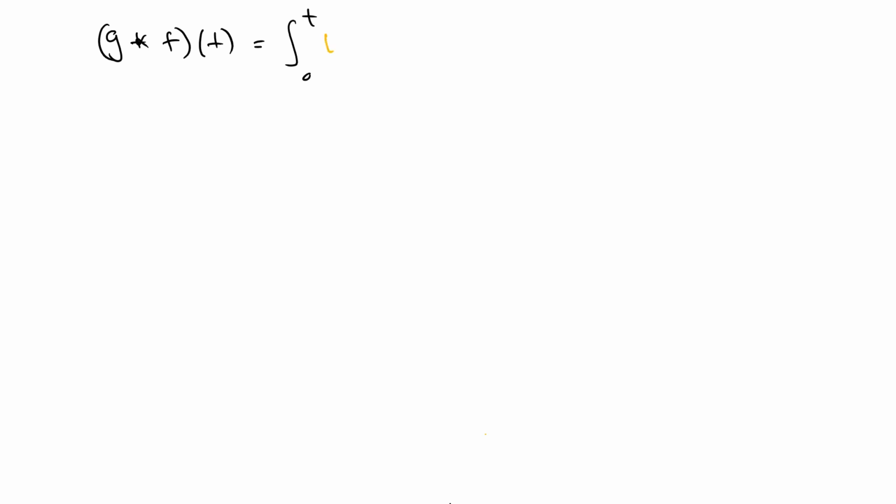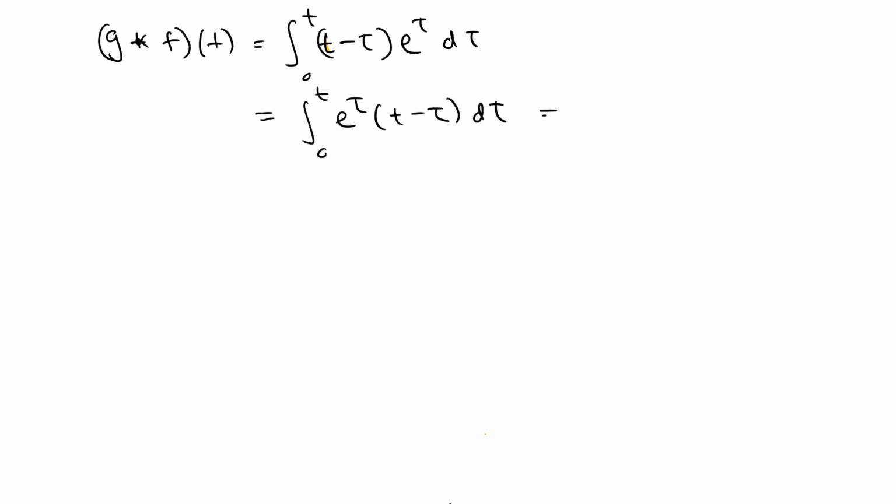Then the next one is e to the tau d tau, and you can switch the two. Once you switch the order, we have the integral from 0 to t of e to the tau times (t minus tau), and you can see that this is exactly the same as f star g in the first version.